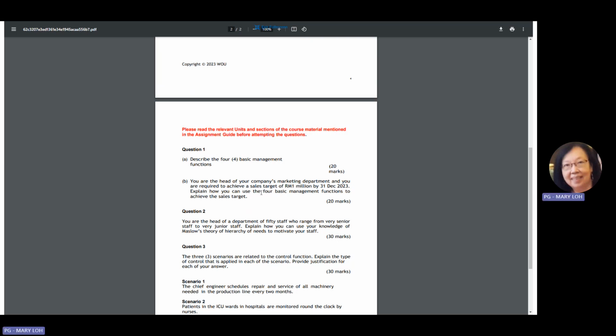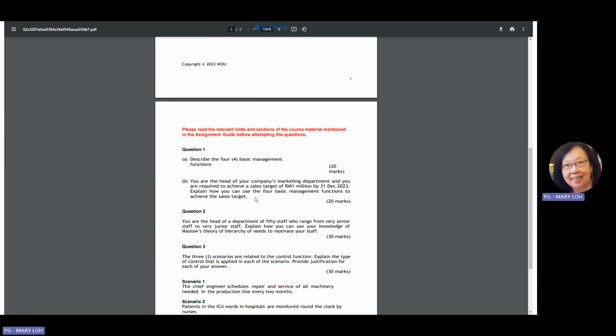In this case, you do not just explain about the 4 functions again. You will have to relate to this particular scenario. So you will start off by saying that as the marketing manager, I will need to, you can use first person because it actually asks you to be the head of the marketing department.